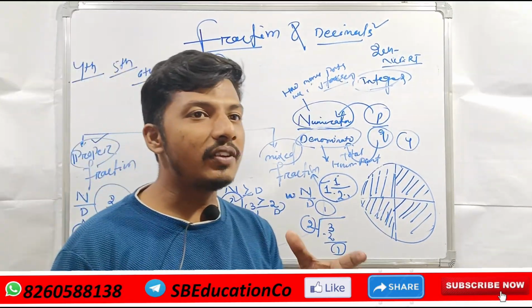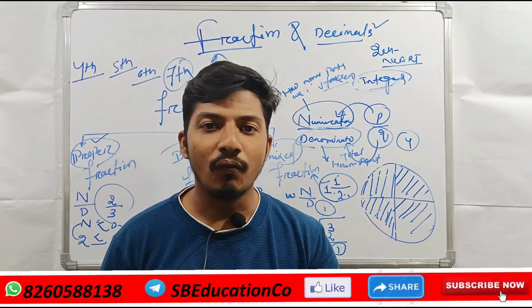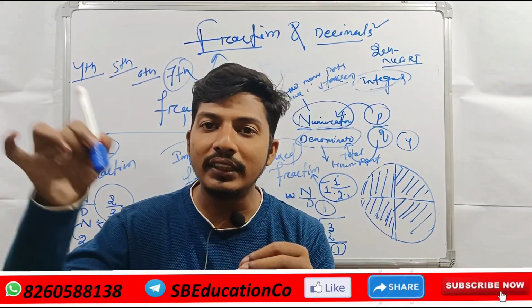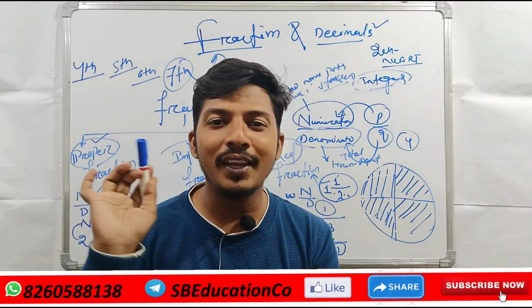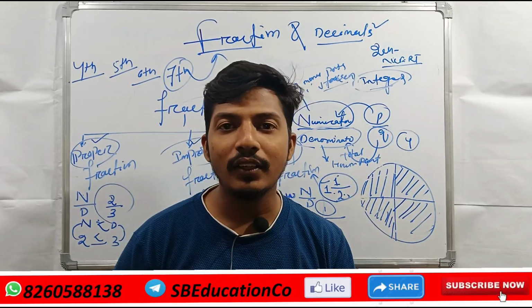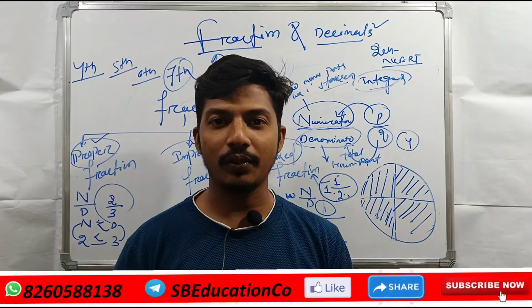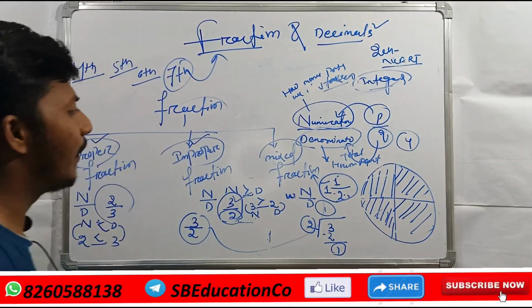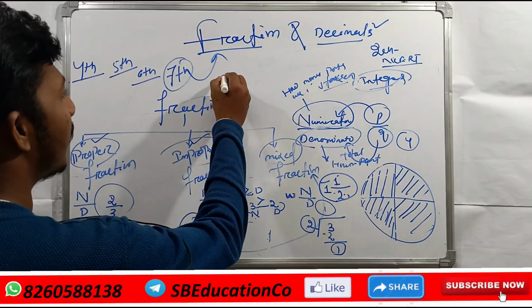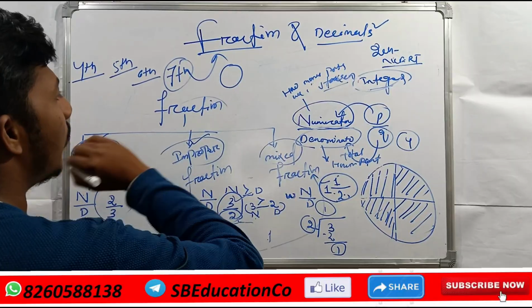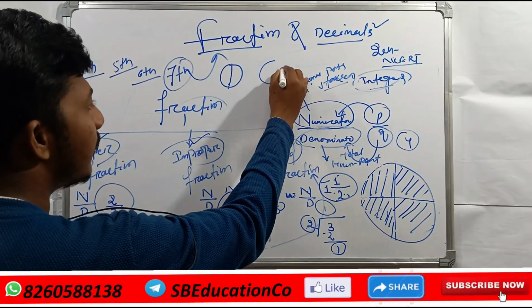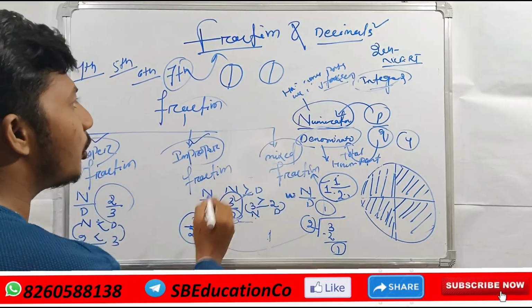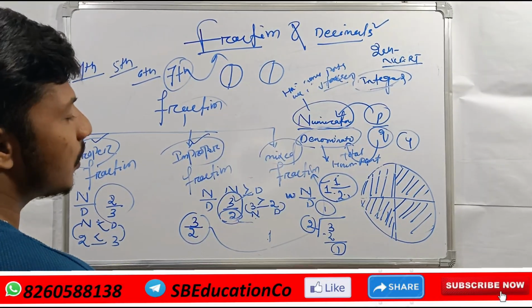Now the definition of a mixed fraction: when a whole is combined with a proper fraction, we say it is a mixed fraction. What does a whole with a proper fraction mean? Here is a whole, which we equally divide into 2 parts, and here is another whole, also divided equally into 2 parts.